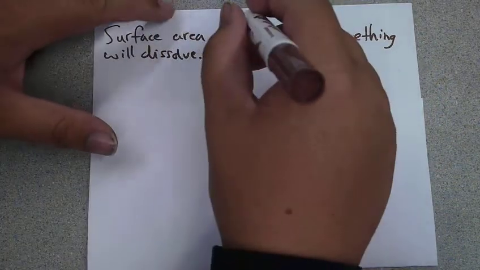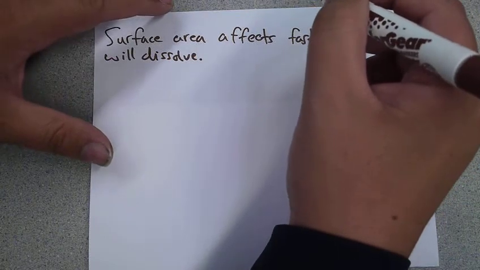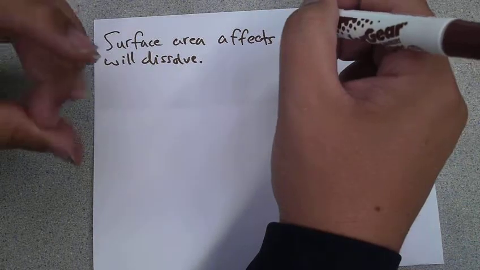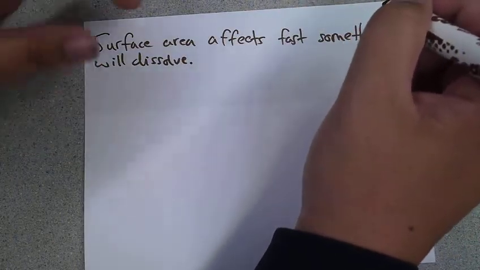So the surface area of the solute is what is going to determine whether or not something's going to dissolve.